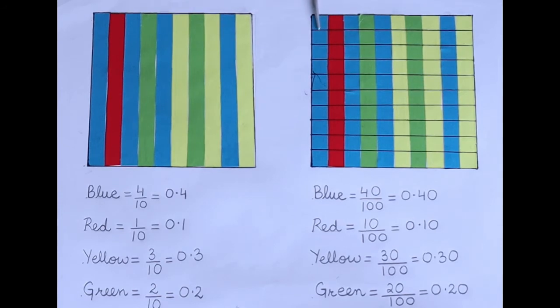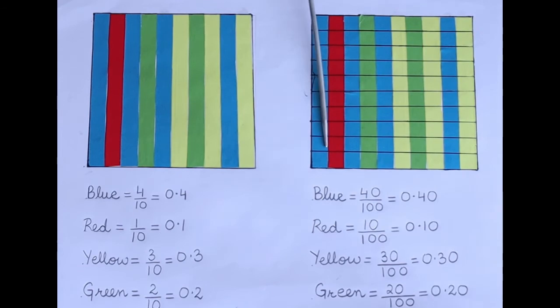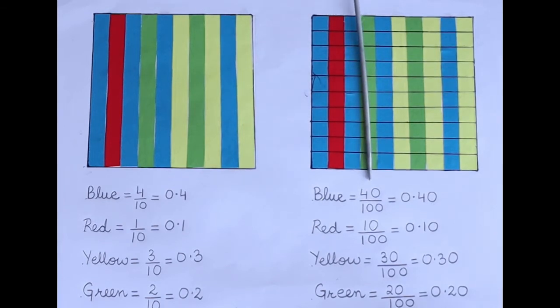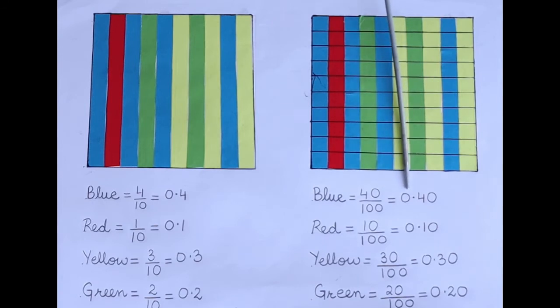In this figure, the blue parts are 10, 20, 30 and 40. There are 40 blue parts out of the 100 equal parts.